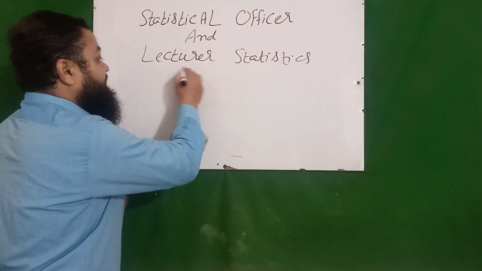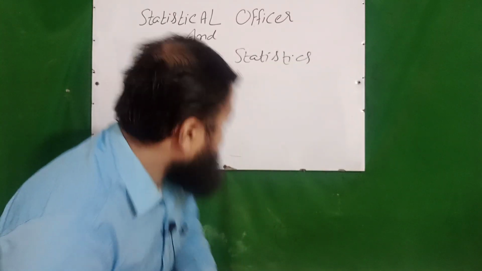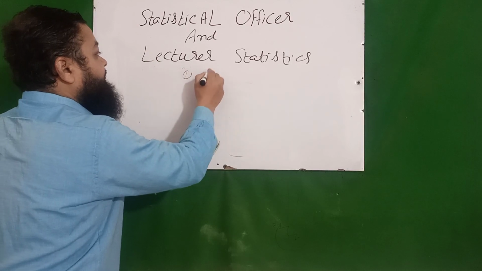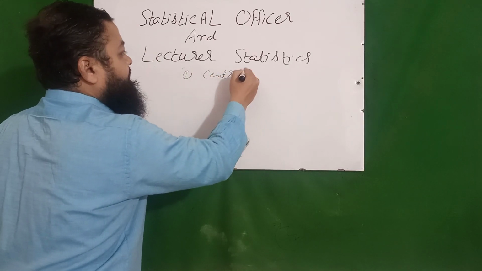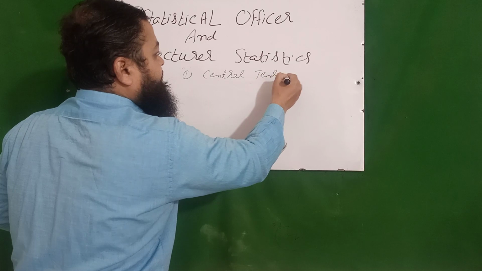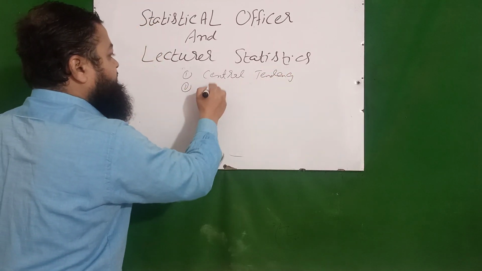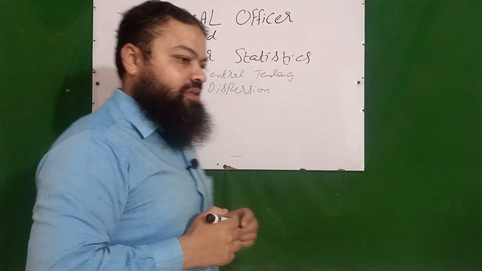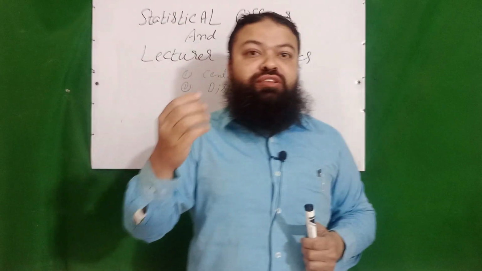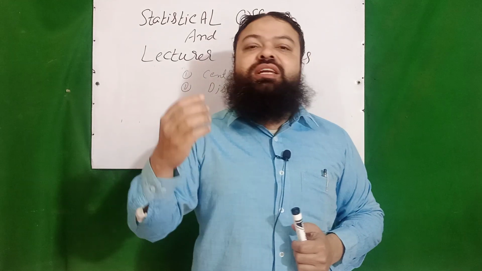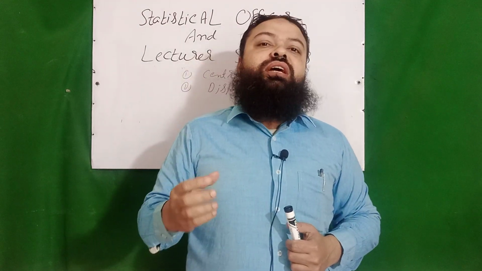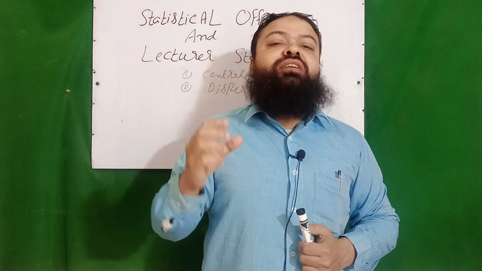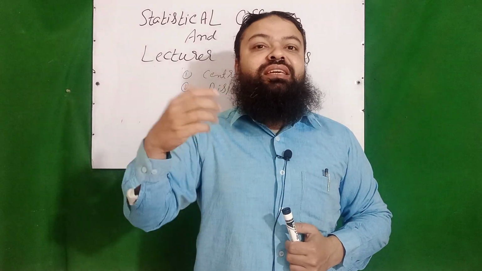First of all, you will start from the topic of central tendency and then dispersion. You will revise the properties of arithmetic mean, geometric mean, harmonic mean, median and mode, and you will see the important numerical questions also which have come in the exams.